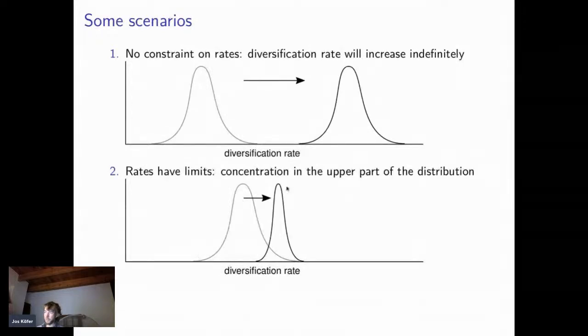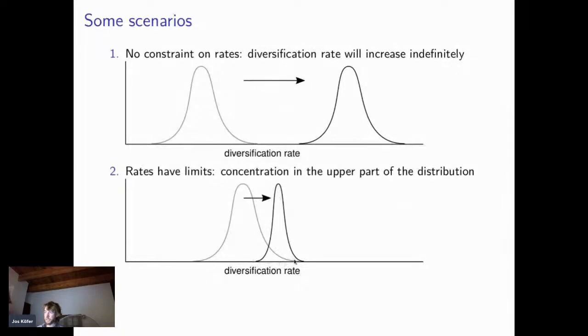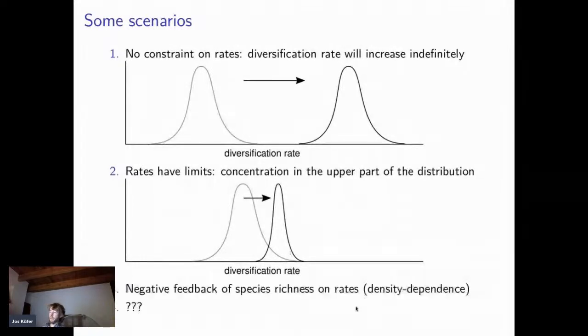So all the lineages that you will actually see are concentrated in this upper part of the distribution, and there is less variation than for the whole range that you initially had. There could be other models as well, maybe density dependence, and they probably need to be explored, and maybe someone could think of still more models.